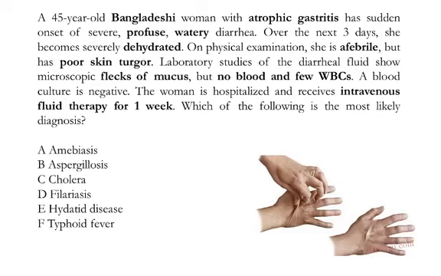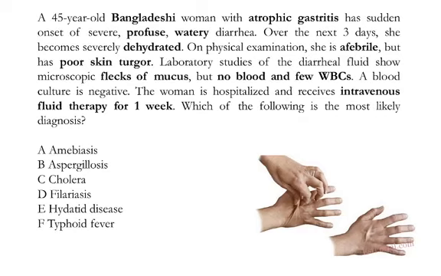So this diarrhea is explained by the special exotoxin, the special toxin produced by bacteria called Vibrio cholerae, found in the stool.